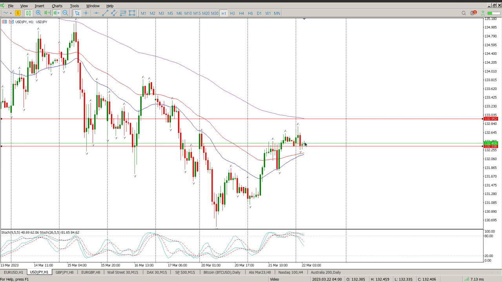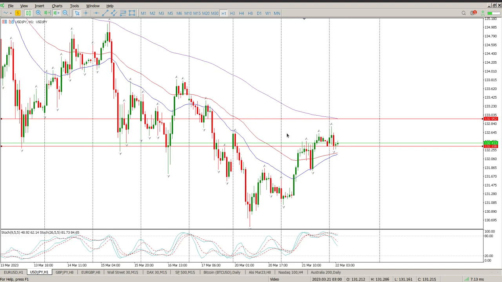I'd want to see a break and a retest of that, because we're stuck between the moving averages, and whenever we're between the moving averages, that to me is a range. And if you look at the oscillators, it could break higher still. So I think this level, 132.952, is still in play at the moment. I think this one I'd be sitting on my hands. I don't like what we've got here. Better structure on Euro USD.